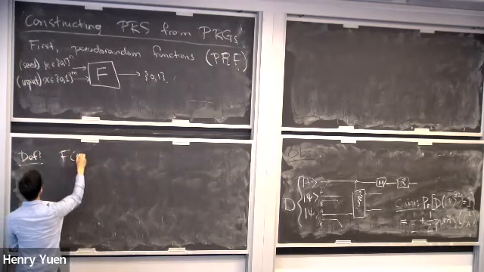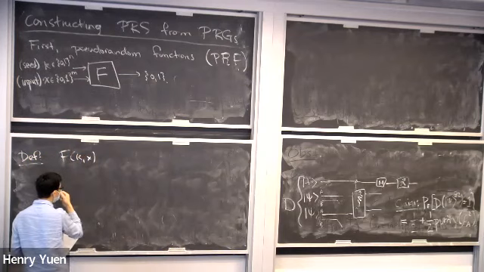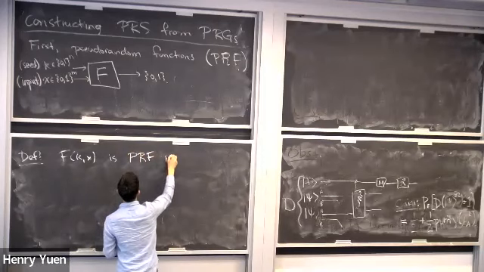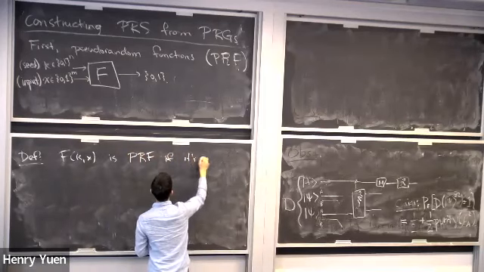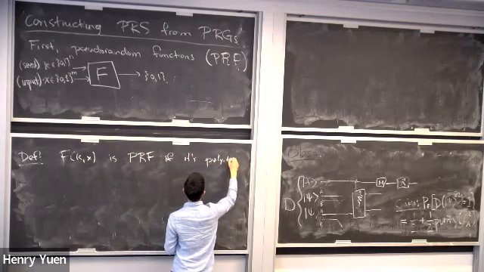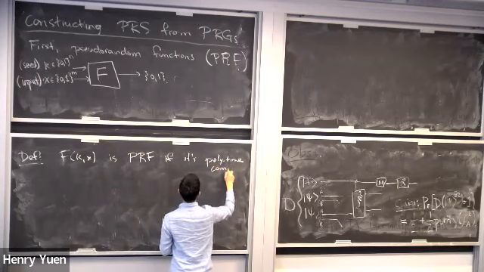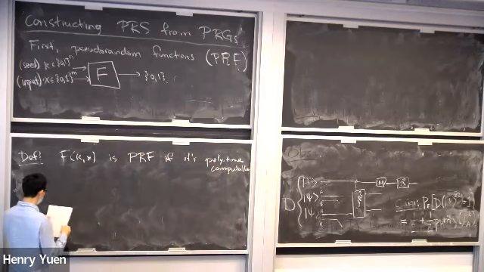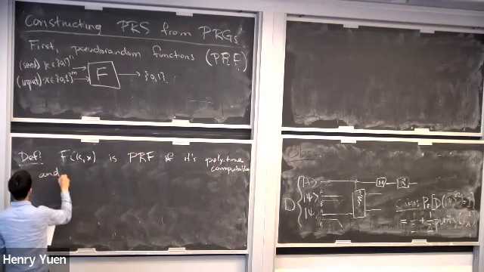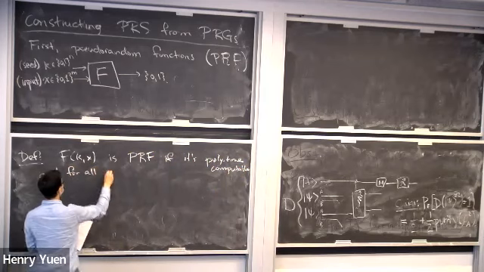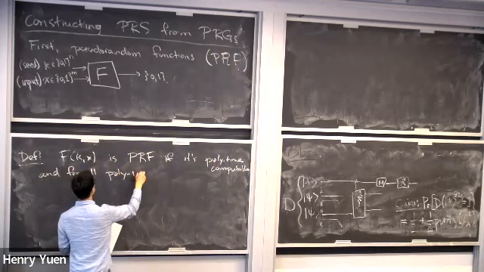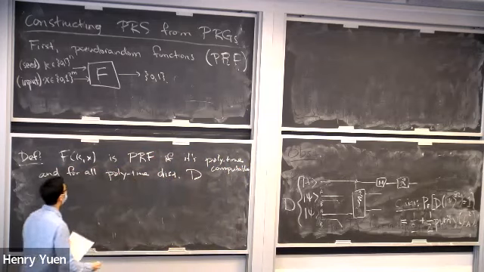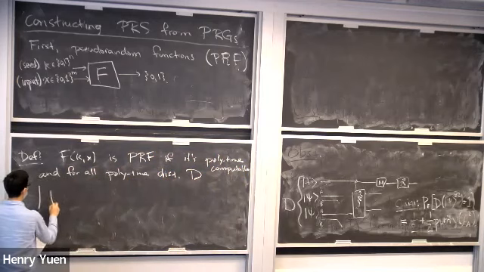F(K, x) is a PRF if it's polytime computable, as usual, so we can compute it in the forward direction quickly, and for all polytime distinguishers the following holds.